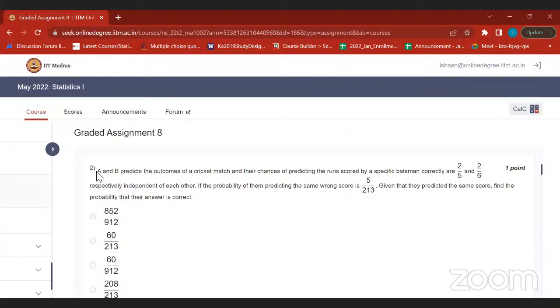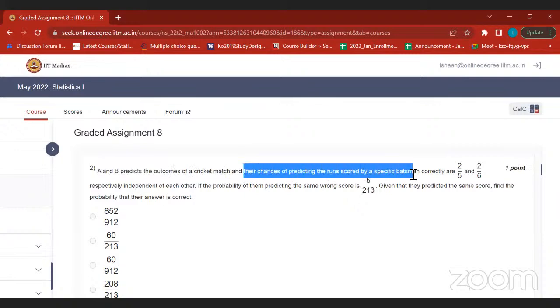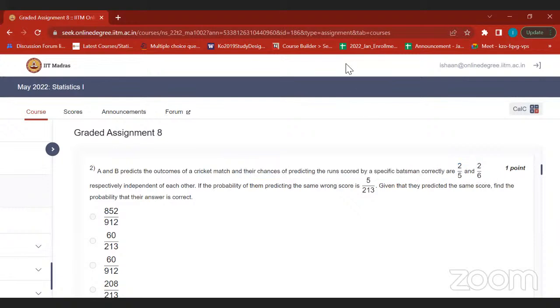Okay, let's do it. A and B predict the outcome of a cricket match. This is the one statement given to you. Their chances of predicting the runs scored by a specific batsman correctly are 2/5 and 2/6. We need to find the probability that their answer is correct.